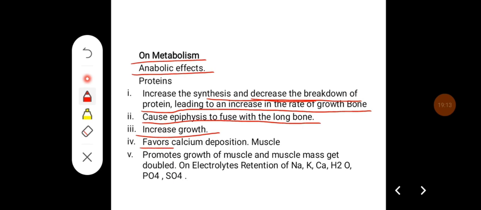It also favors calcium deposition and promotes the growth of muscle mass, and muscle mass gets doubled. It also has action on electrolytes, where it causes retention of sodium, potassium, calcium, water, phosphate, and sulfates.